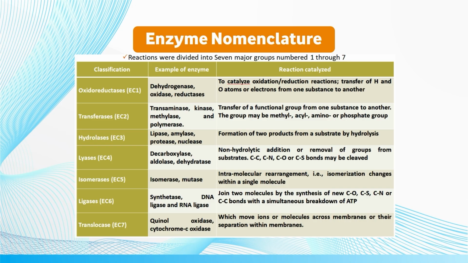The third group is hydrolases, which perform hydrolysis reactions, forming 2 products from the substrate by hydrolysis. Examples are lipases, amylases, proteases, and nucleases.